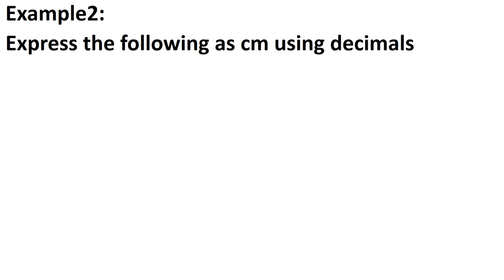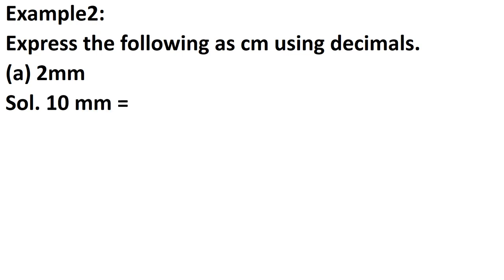Example 2. Express the following as centimeter using decimals. You have to express the given number in centimeter. 2 millimeter. We know that 10 millimeter equal to 1 centimeter. You have done the unitary method. Now apply the unitary method here. 1 millimeter equal to 1 upon 10 centimeter.